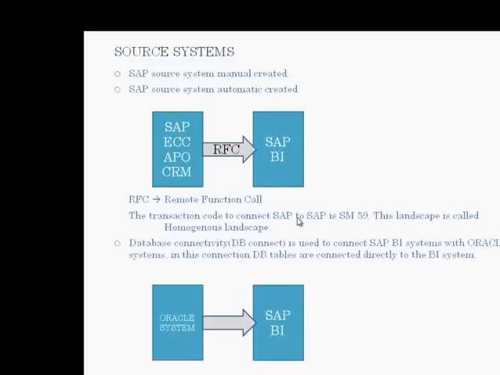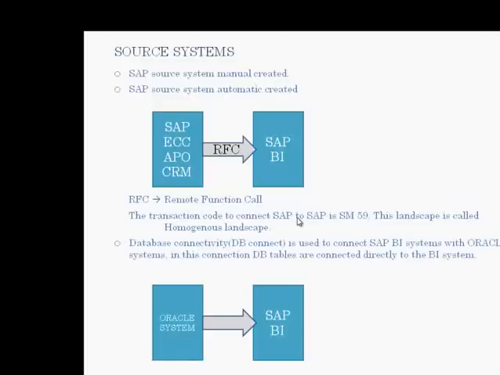So it has the replica of ECC BI content and metadata, and it is easy to install and use the predefined business content. There are 2 types of SAP connections: SAP source system manually created and SAP source system automatically created.